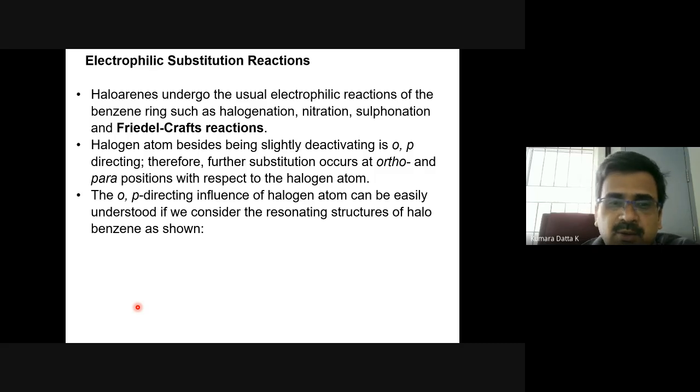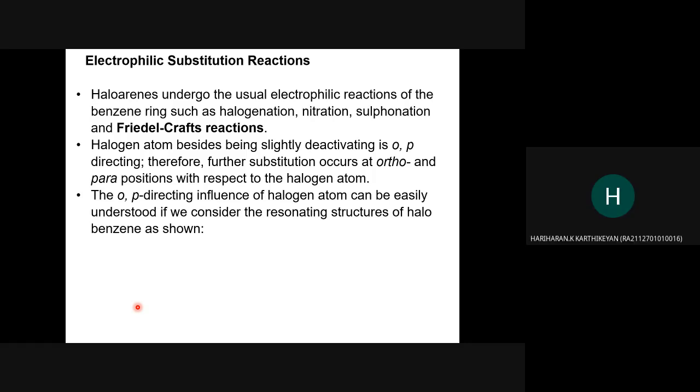How many of you already read Friedel-Crafts reactions in your earlier classes? Did you have this for your college lab? Yes, sir. Friedel-Crafts you must have read.